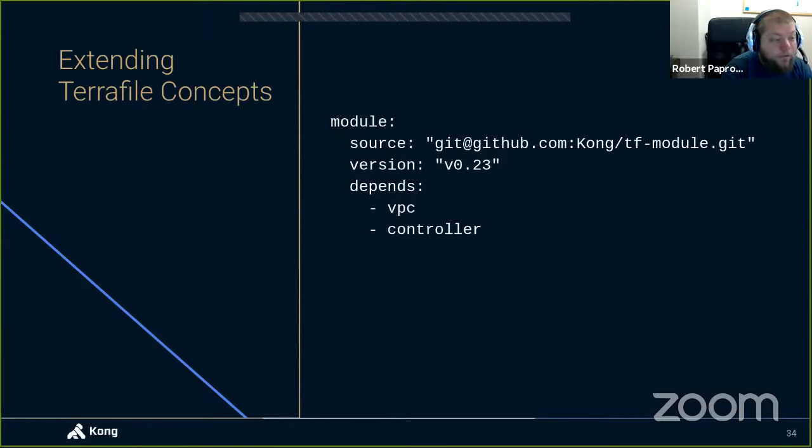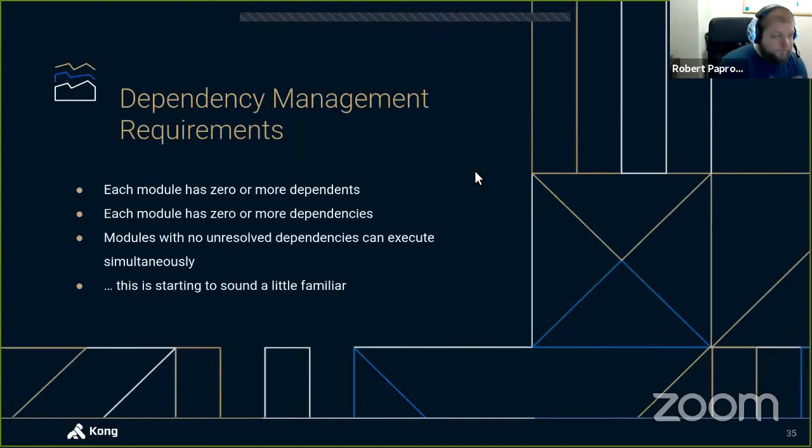This module requires that the VPC is in place, and what we call controllers, which would run the Consul server cluster, the Nomad server cluster, and the Vault server cluster, as well as other controlling resources like a GlusterFS volume and things of that nature. These must be in place, and they must be deployed before this worker can be deployed. Again, this isn't something that is defined in Terraform, but because the definition of what the module is, where it is, and what version lives inside of this YAML file, extending it out to here was the natural approach.